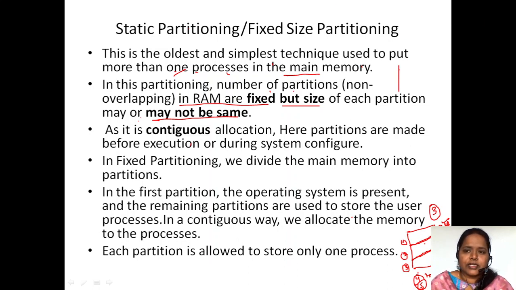Suppose this is the memory, divided into three partitions, and here is another memory, also divided into three partitions. The size of the first partition is 2 KB, the second is 5 KB, and the third is 9 KB. Or the size of each partition may be fixed at 2 KB, 2 KB, 2 KB.